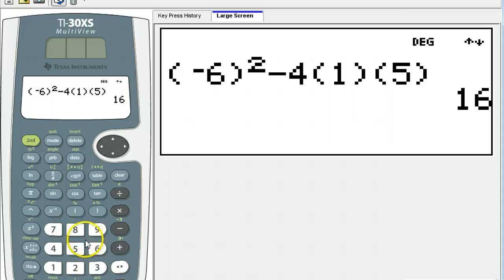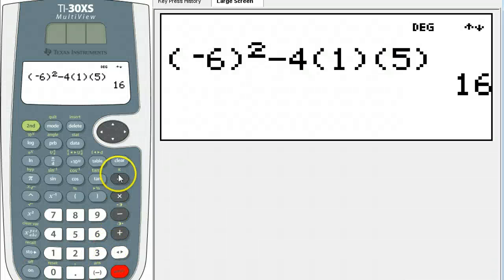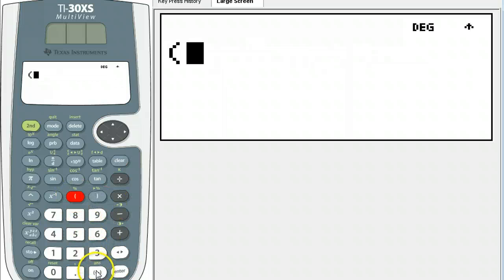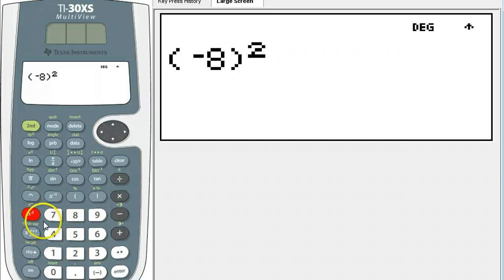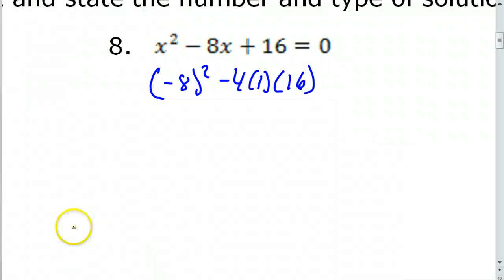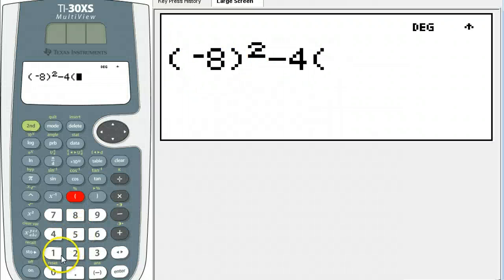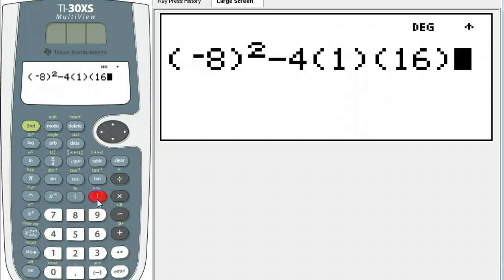You need to do the same if you're going to use a calculator. Alright, it's minus 4 times 1 times 16. Right. 0. So we get a discriminant of 0. What does that tell you? 1 real solution.